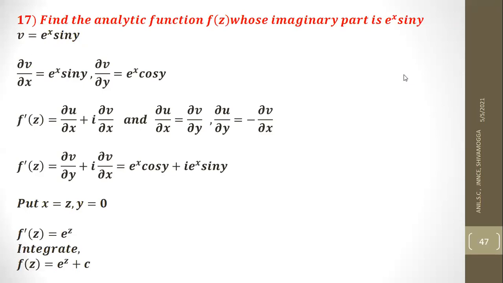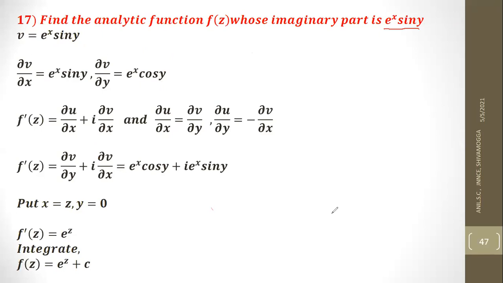We did this problem, try this one. Find the analytic function whose imaginary part is e power x into sine y. This is a simple problem. I expect all of you to solve this problem.